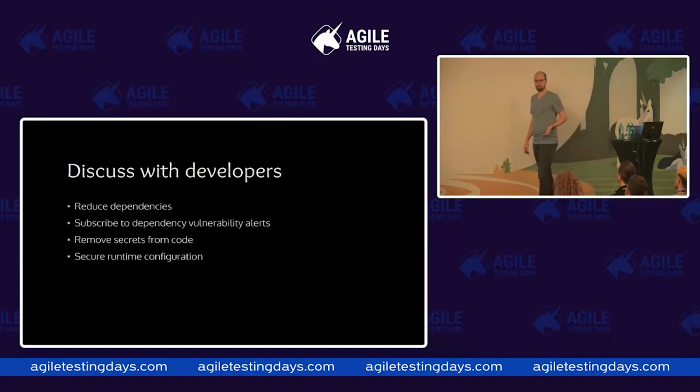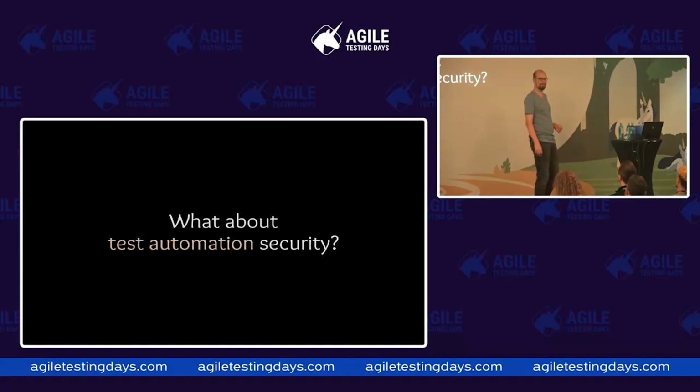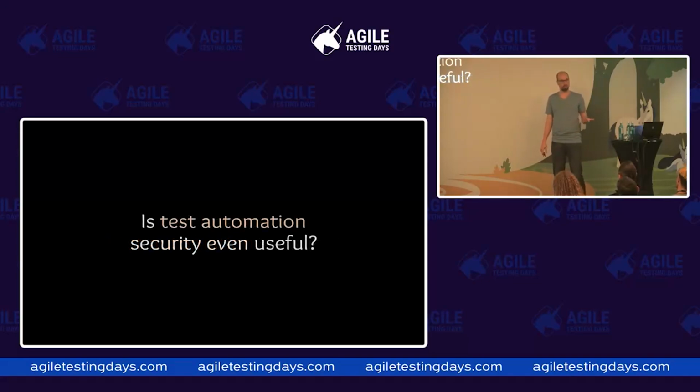Cool. But we're testers. What about test automation? Test automation is also code, or often it is, right? And code should be secured, so test automation should be secure too, right? Is that even useful? I think it is. I think, yes, it is useful for one very specific reason.